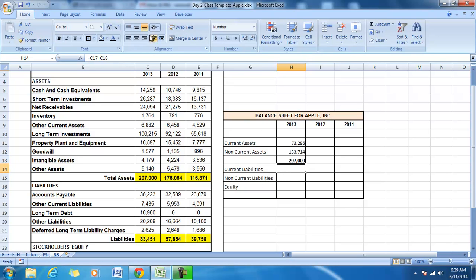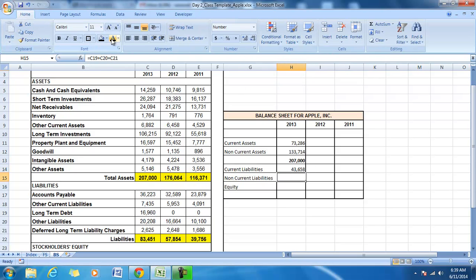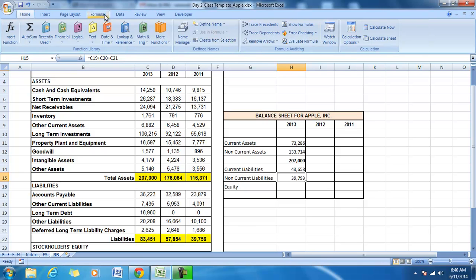In the same manner, the current liabilities of Apple consist of the accounts payable and other current liabilities, and the non-current liabilities of Apple consist of long-term debt, other liabilities and deferred long-term liability charges.